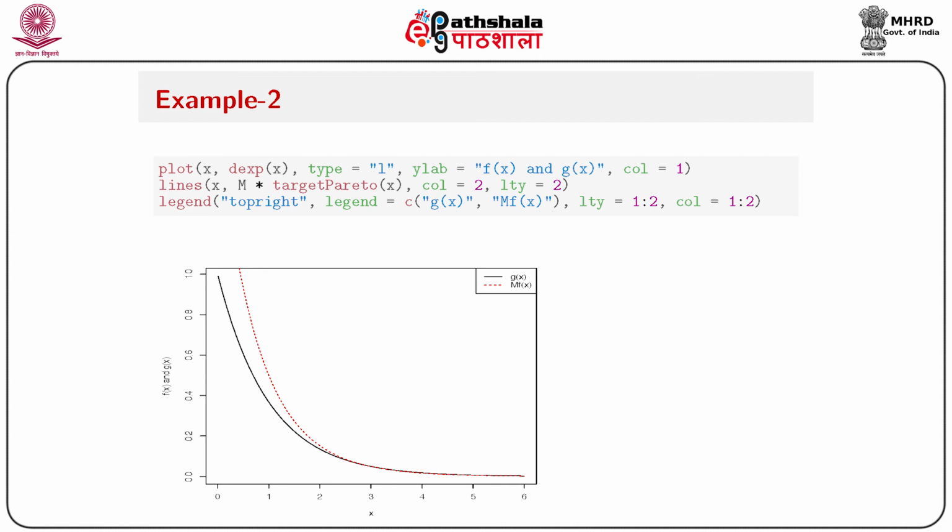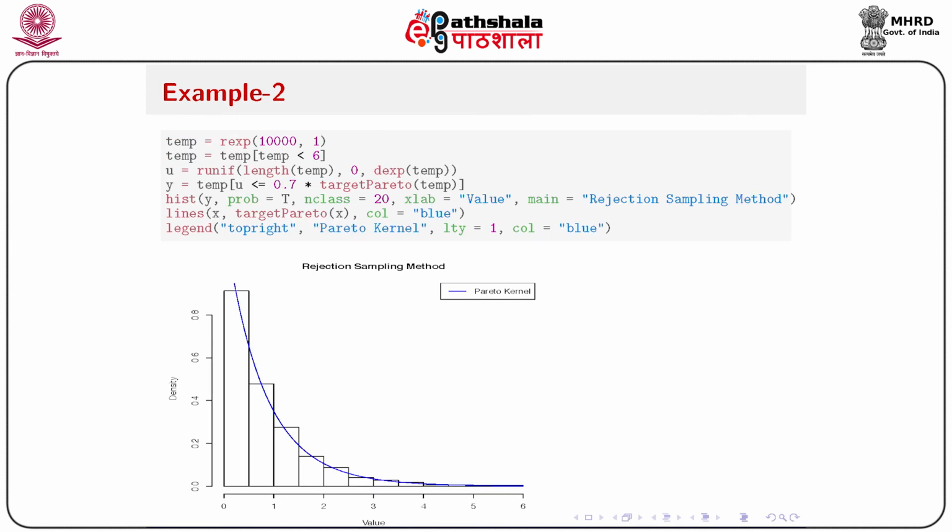the density of the exponential distribution. This plot will give the density of the exponential distribution, and the dotted line is indicating the target Pareto distribution. So one is g(x) and the other is m f(x). The dotted line indicates m f(x).